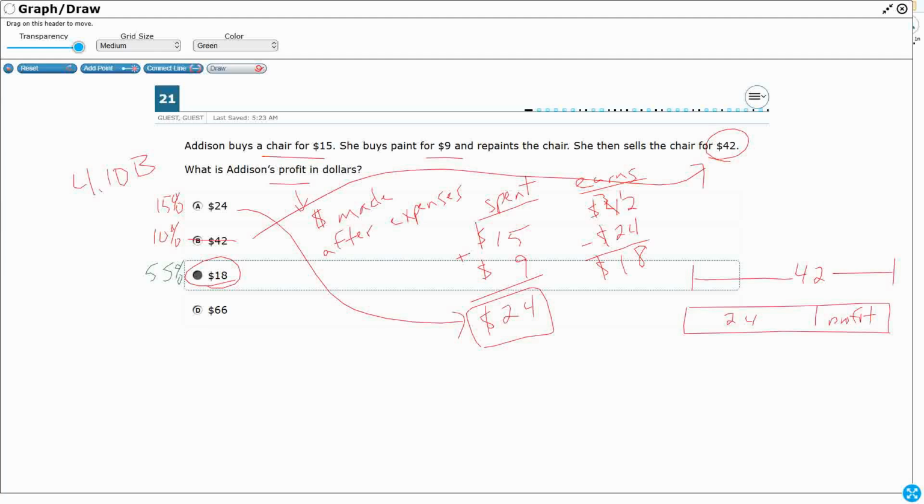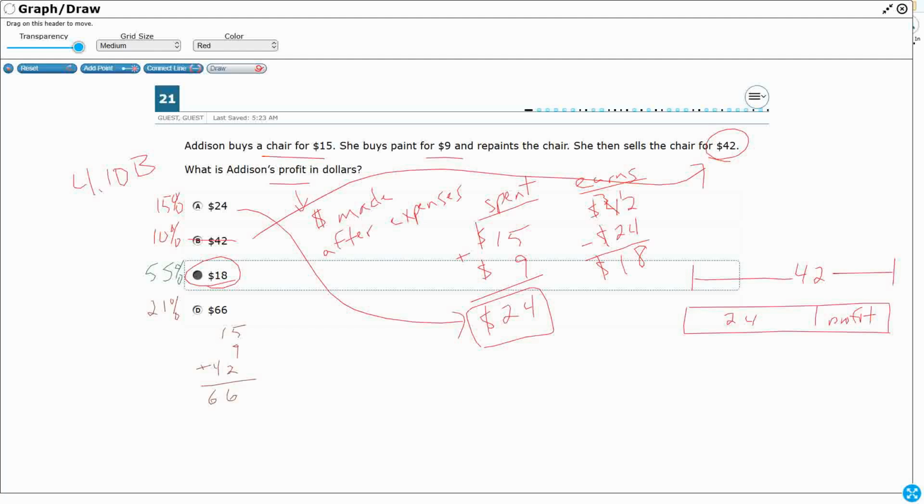Okay, so that's not horrible, but our most incorrect answer was this D, 21%. And this is where we really don't understand because this is a 15, 9, and 42. You add them all up, and that's what that gets you, that 66. So 1 out of every 5 students didn't understand this story situation, and they just added everything.